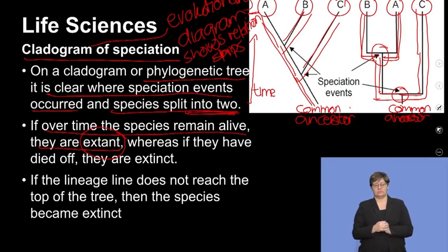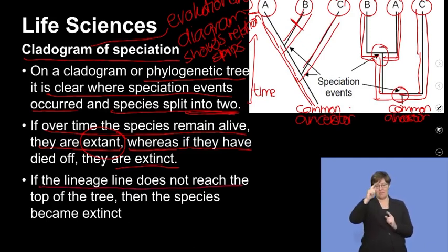That is what we say extant. Whereas if, for example, this species' branch only goes up to here and doesn't reach the current time, then we would say they have become extinct. They have died out. If the lineage line does not reach the top of the tree, then the species became extinct.